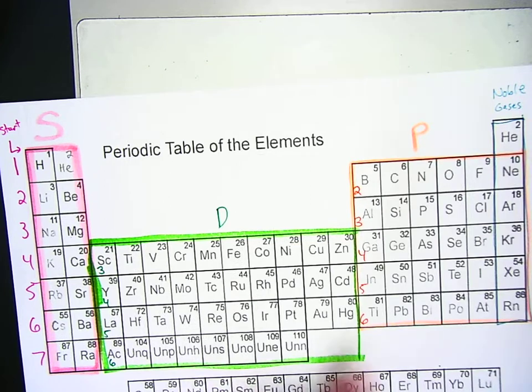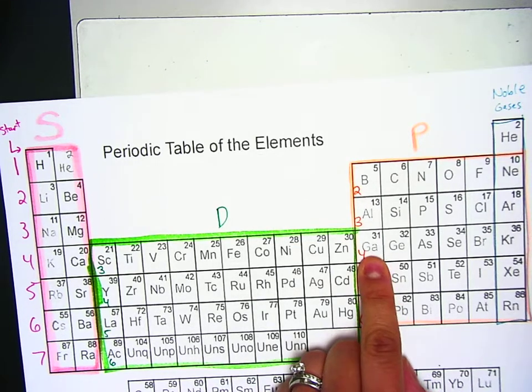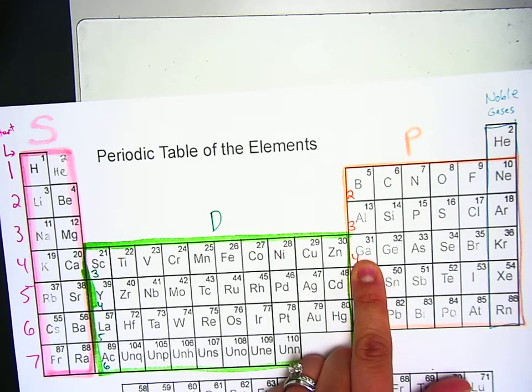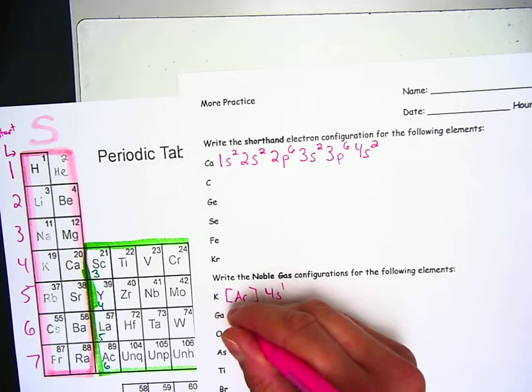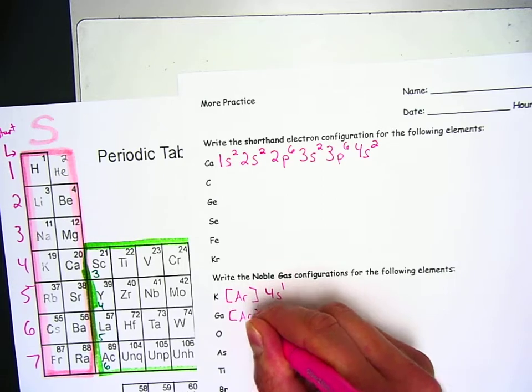Gallium. Okay, gallium is number 31. So what noble gas comes before gallium? Well, we have 2, 10, 18, 36, 54, 85. Well, 18 comes before 31. 36 is past 31, so we're going to reference argon again. So from argon, where would we go to get to gallium?